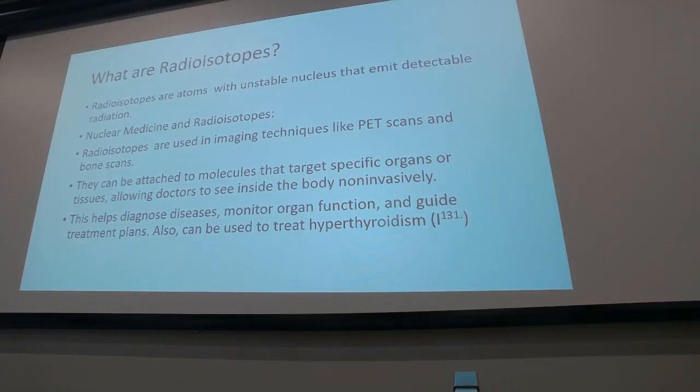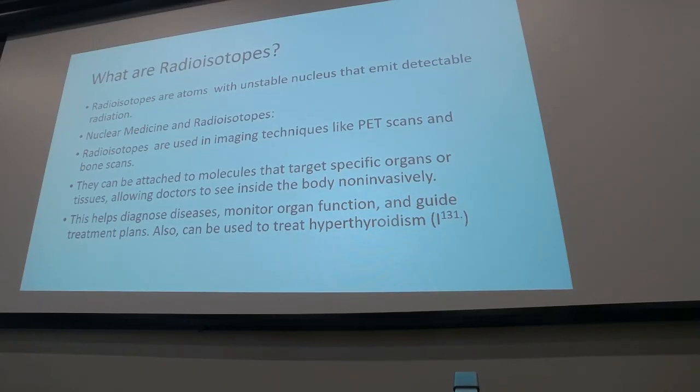You take a scan of that specific area of the body, and you can see normal tissue that takes up less glucose than a tumor. And then you can see the emission of these positrons in these scans, as a red color in these films. So it is a functional study, PET scans. And also you can use it for bone scans.